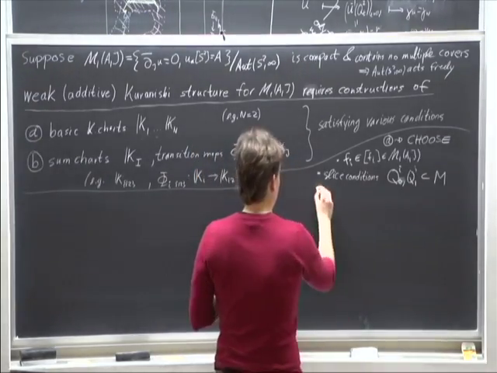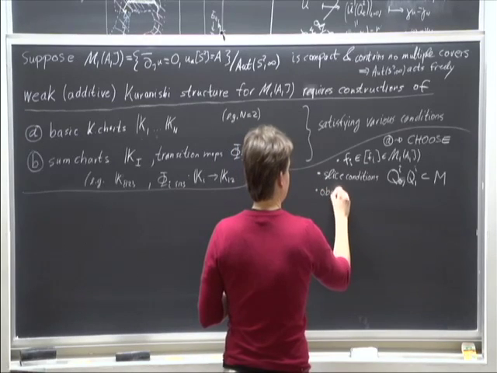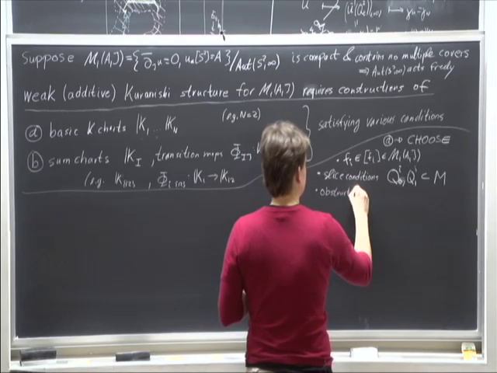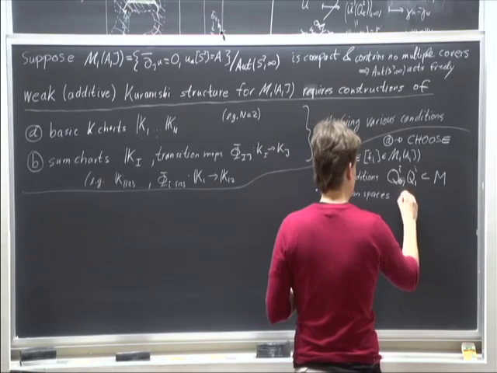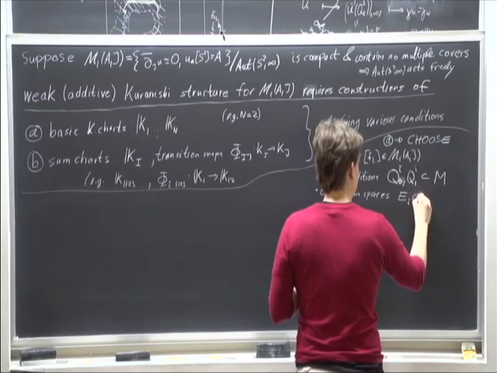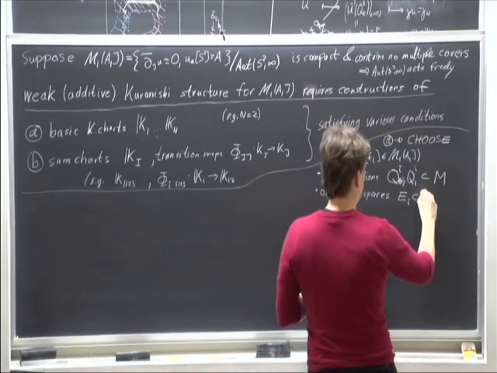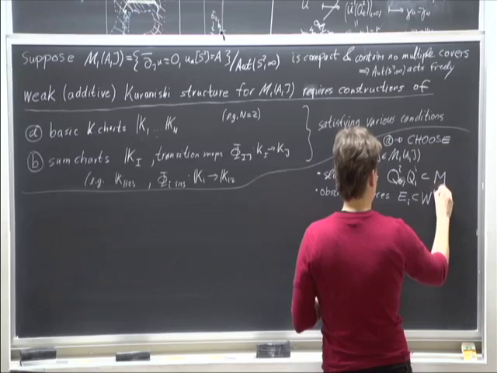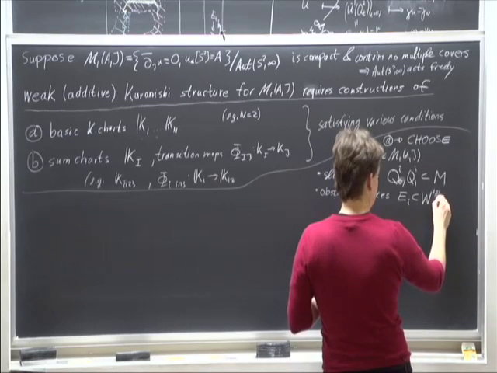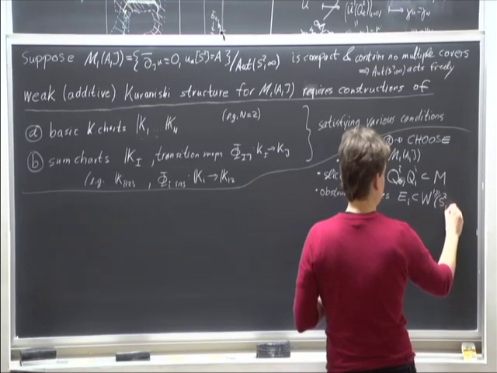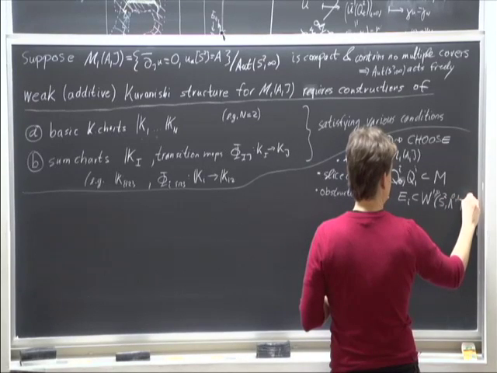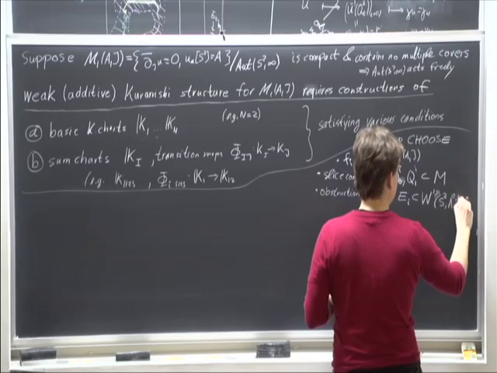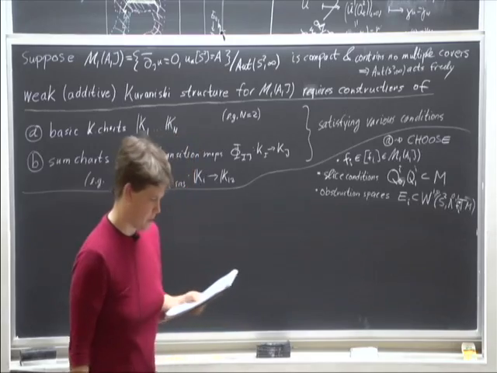And we need obstruction spaces Ei, representatives of the co-kernel or larger, so they should be in W1P of S2 with values in 0,1 forms of Fi star TM. So that's just spaces there.